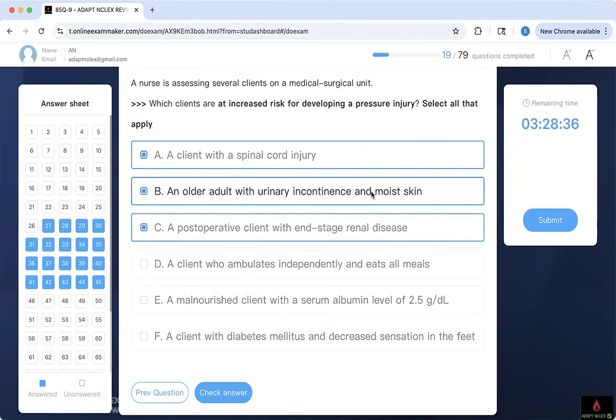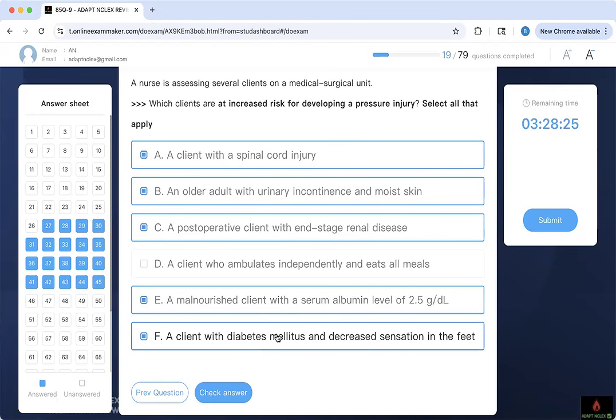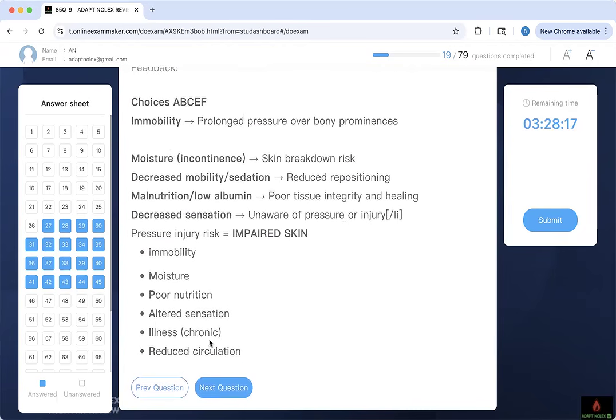A malnourished client with serum albumin of 2.5 is a bad problem. Malnourished, no protein. A client with diabetes mellitus and decreased sensation is more likely to develop pressure injury because of the sensory changes, chronic condition. So those are risk factors you should know.